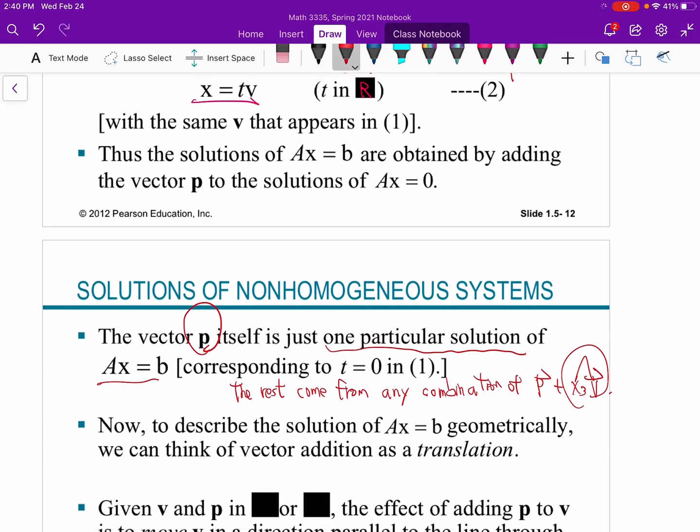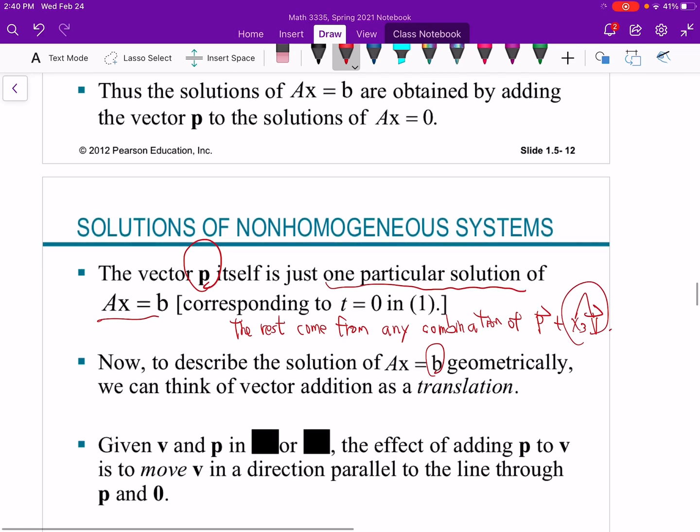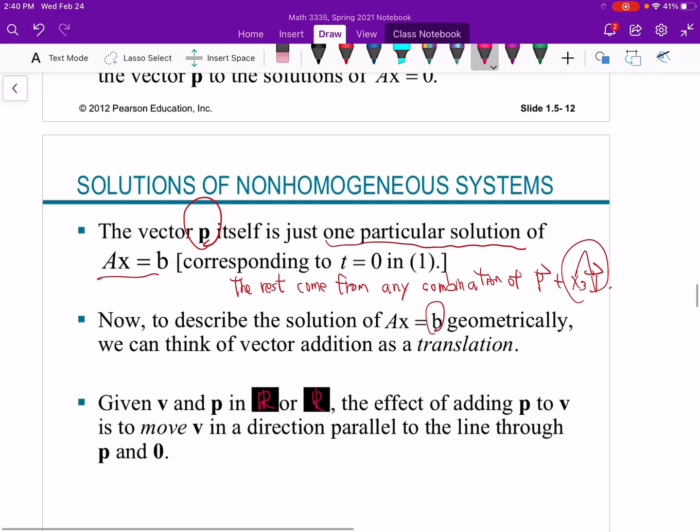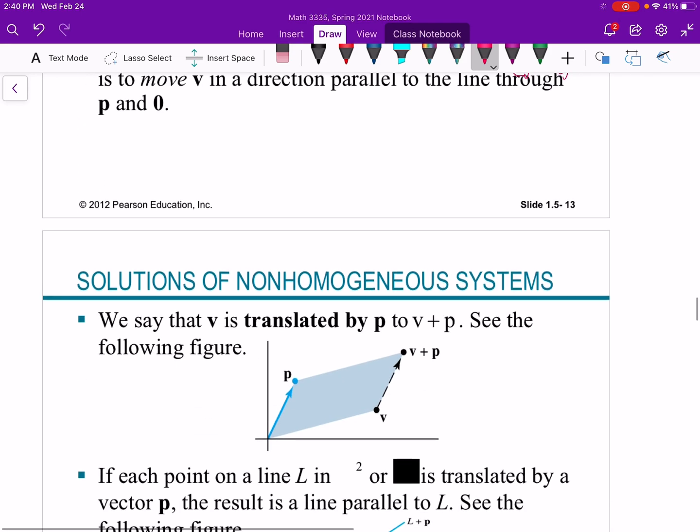Now we're going to describe the solution of Ax equals b geometrically. What does that really mean? What kind of impact does a non-zero b have? If we have v and p in R, what does the effect of adding p to tv really mean? Think about that.